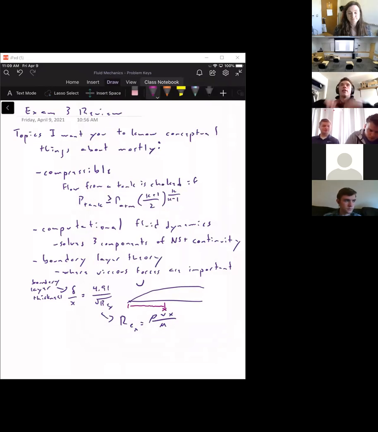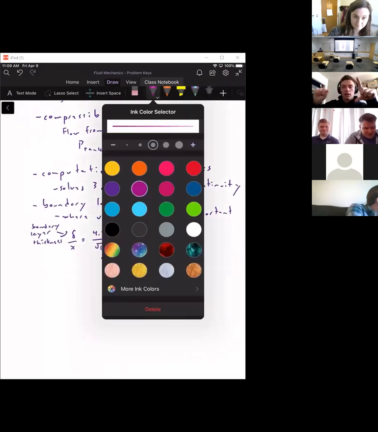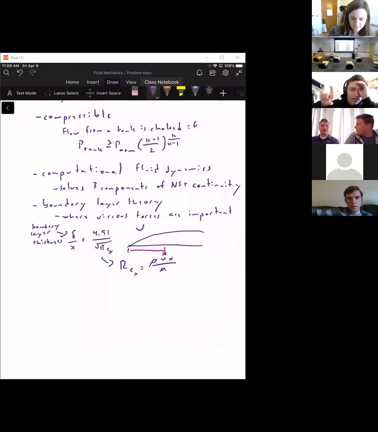Okay. And then on this boundary layer homework, where we went like this, eventually, does that mean the whole pipe, the viscous forces are important eventually?